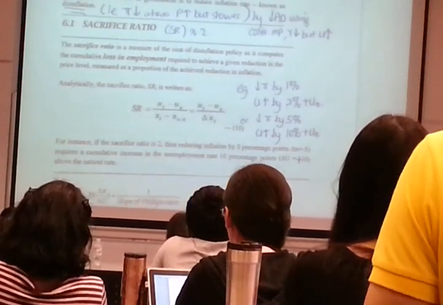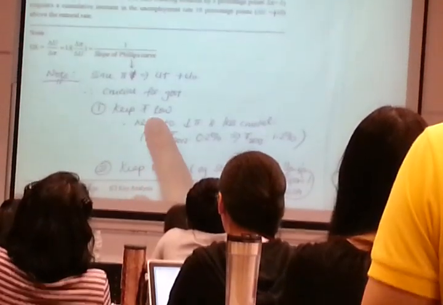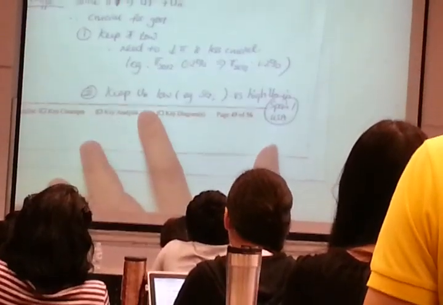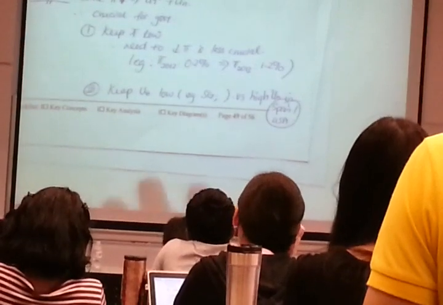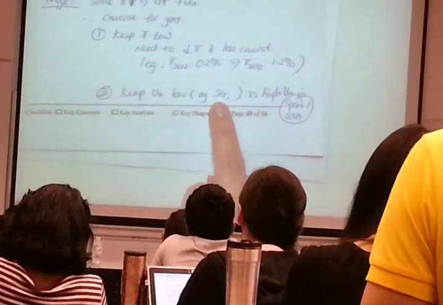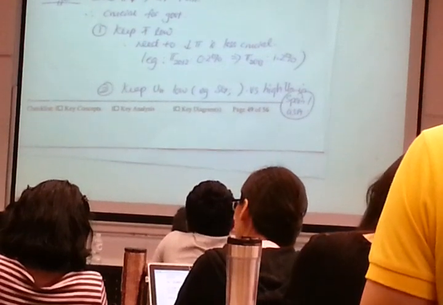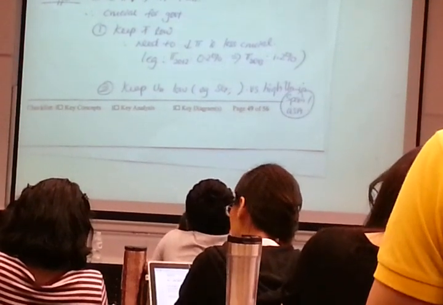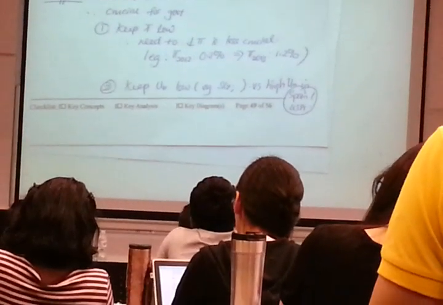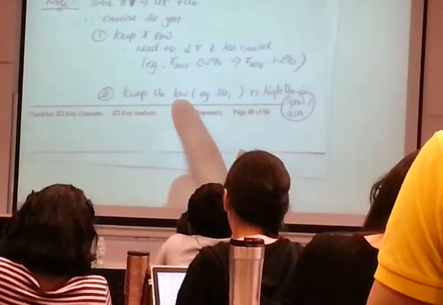So the bottom line is keep pi low so that you don't need to tackle inflation, or keep UN low. So this will bring you back to topic 7. That's why the Singapore government does not allow minimum wage law, does not allow strong trade union bargaining. It tries to curb structural and frictional unemployment.